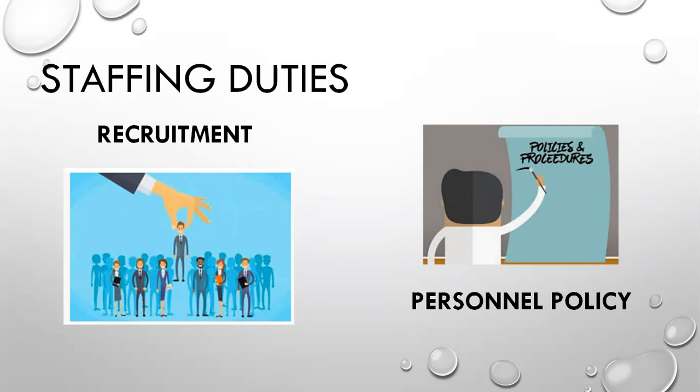We interview them not only to verify the things that they divulged in their resume, but also to take a look at the attitude of this person face to face. And then personnel policy, these are the different policies and procedures na right after ng recruitment natin, we explain to that hired employee kung ano ba yung mga policies and procedures here at our company. So those are the two staffing duties.